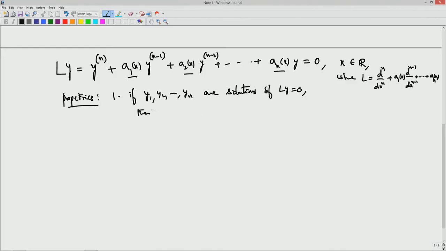Then a linear combination, the sum of c_i y_i for i from 1 to n, with arbitrary constants c_i, is also a solution.